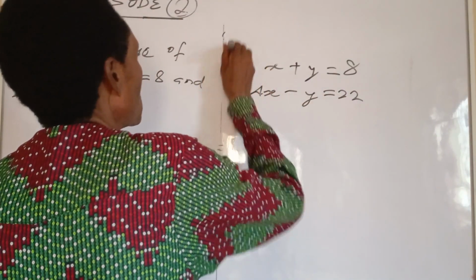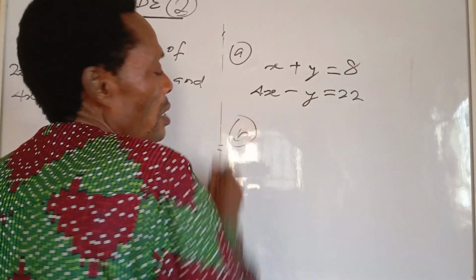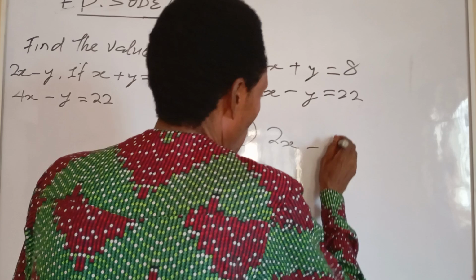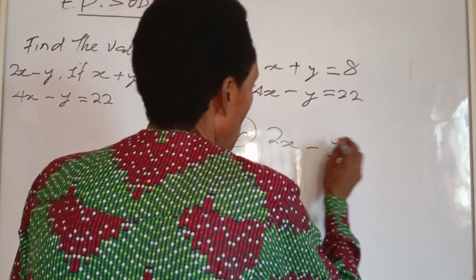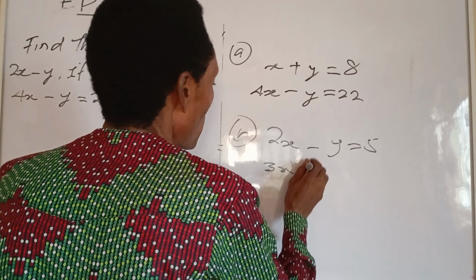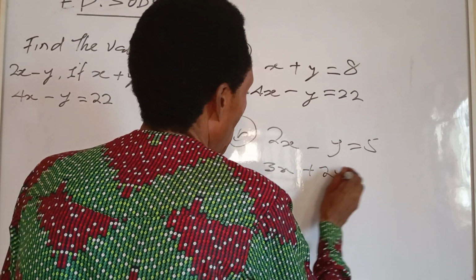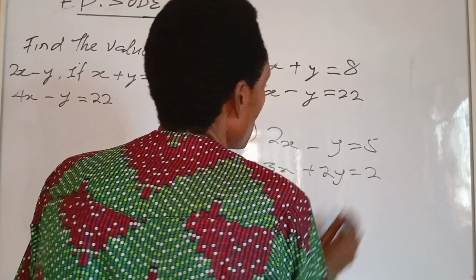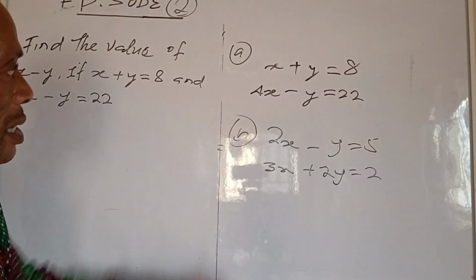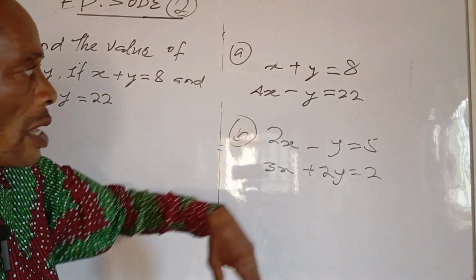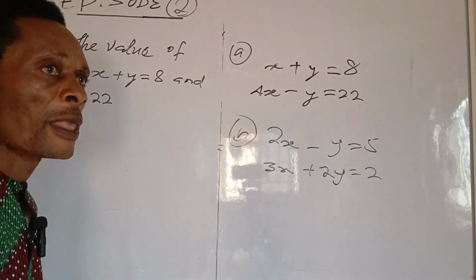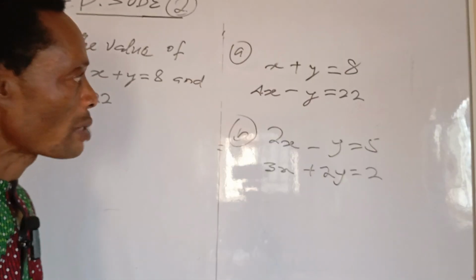Let's say this is A and this is B. Then we have 2x minus y equals 5 and 3x plus 2y equals 2. You see that a simultaneous equation comes in pairs.